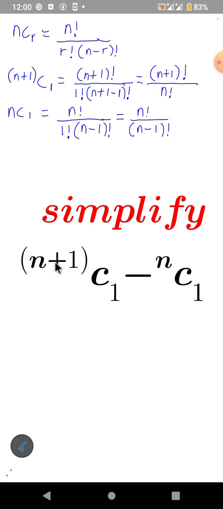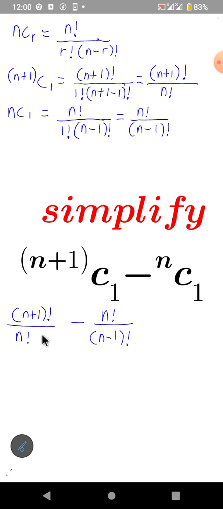So now I'm going to replace this figure here with this, and also replace this with this. So we'll continue. So here will become n plus 1 factorial all over n factorial, then minus, now n plus 1 combination 1 is the same thing as this. We have gotten it from here. Then n combination 1 is the same thing as n factorial all over n minus 1 factorial.